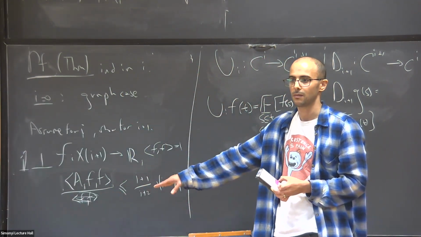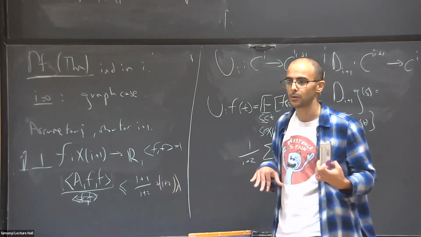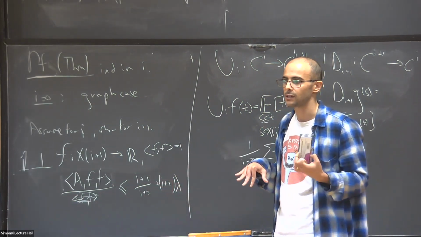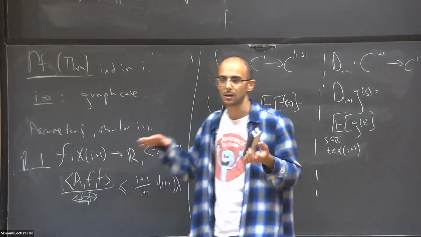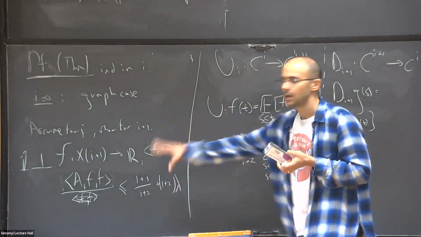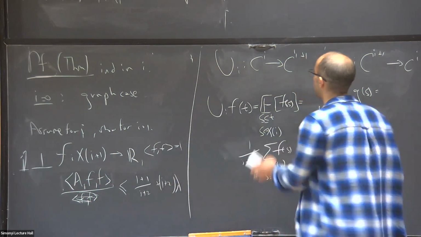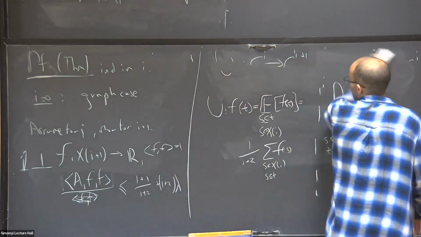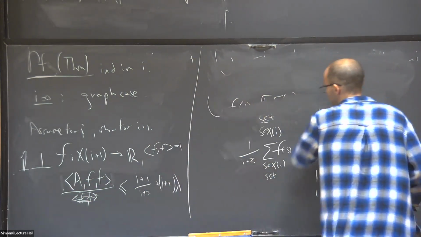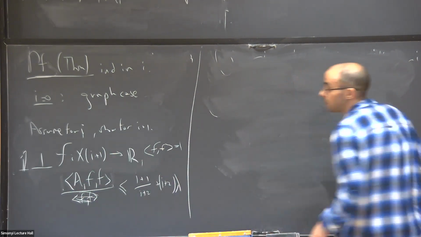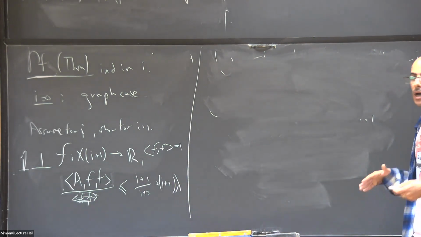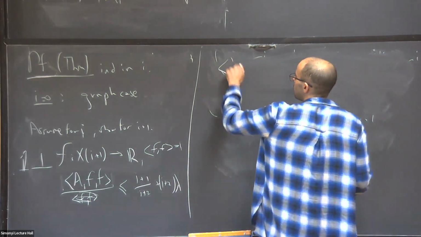Doing the lower bound, you can either do the same thing, or you can observe that A_i plus a tiny bit of identity is non-negative. This is really the hard part, so I'm only going to do that.